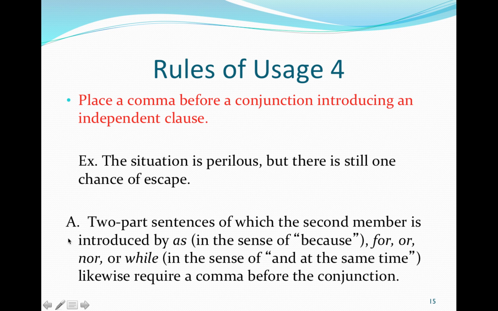The exception to this is as follows. Two-part sentences of which the second member is introduced by as in the sense of because, or what that means is when as means the same thing as because, or also introduced by for, or, nor, or while in the sense of, or when those words can mean the same thing as of, and at the same time.